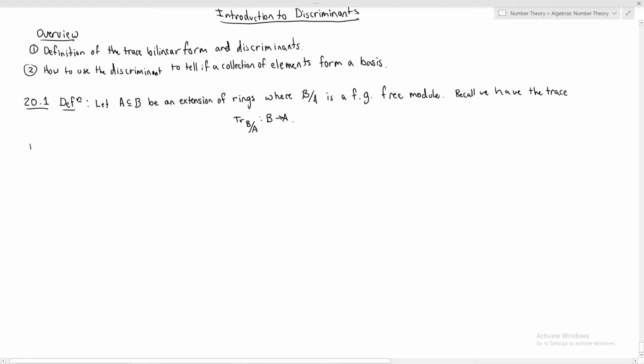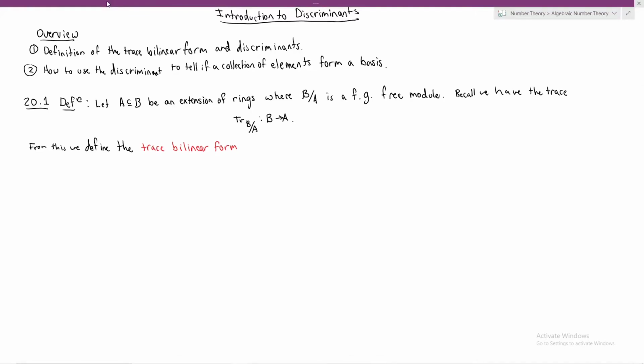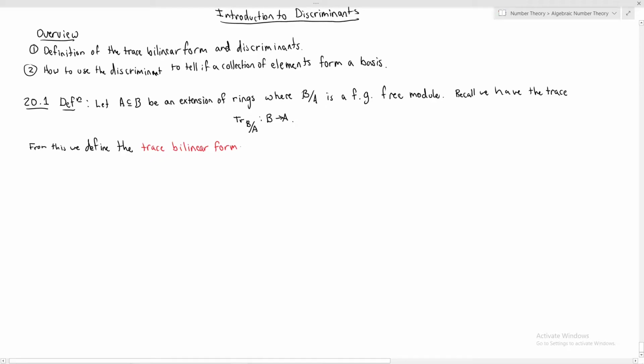Okay. From this we define the trace bilinear form. So this is going to be a bilinear form, just with the same name, because it's basically the same function.